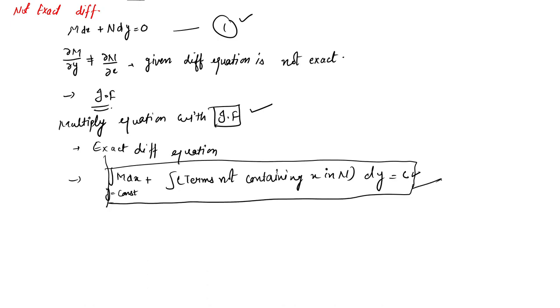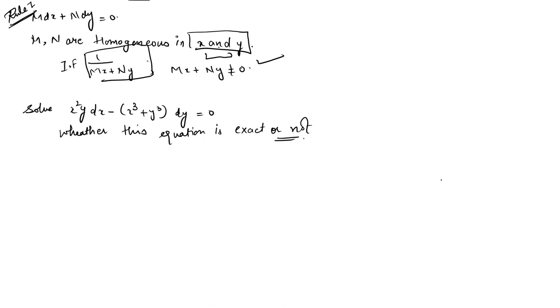If it is not exact, in that case we have to find its integrating factor and solve the equation. Now we will check that. We will compare this with M dx plus N dy equals 0. Here M would be x square y and N would be minus x cube plus y cube.